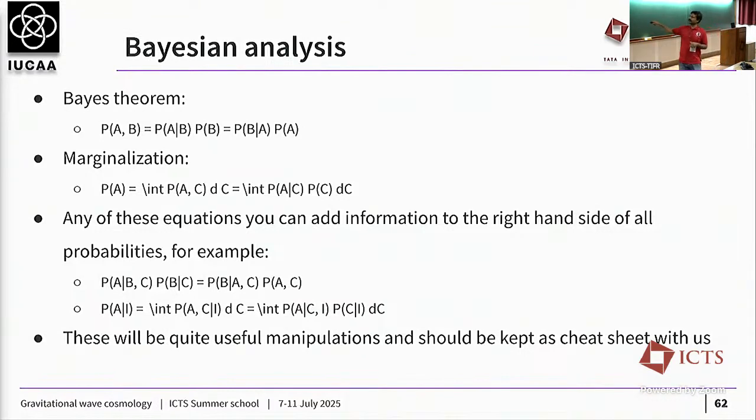Similarly, when I want to marginalize and there is some extra information, I can just keep on adding these things here. Okay, so P of A given I will be the integral of P of A given C comma I, the probability of C given I, and then dC. Okay, so useful manipulation.